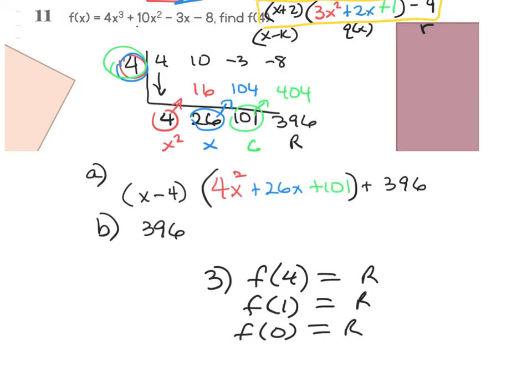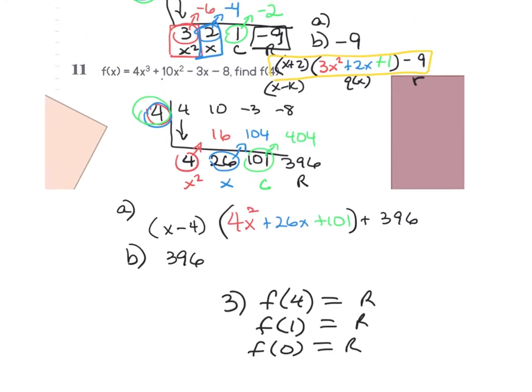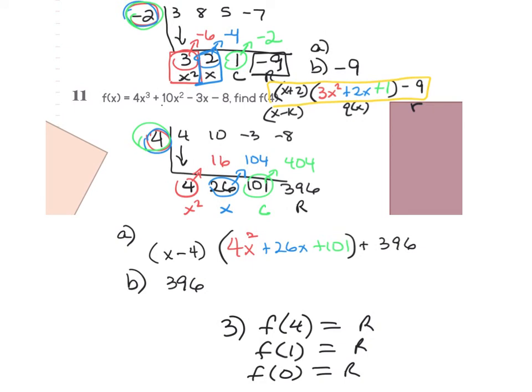All right, next theorem is called the factor theorem. Notice when we started out this problem, it started out as an x cubed. And then once I got my quotient, it is now an x squared. By doing synthetic division, it brings it down a power.